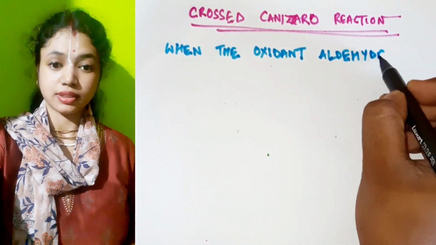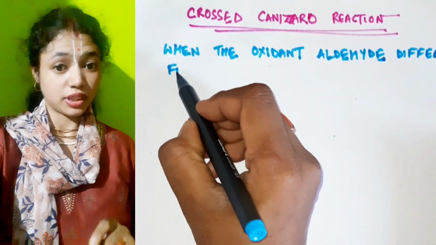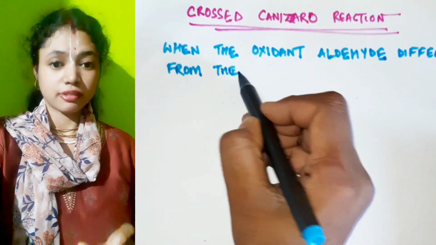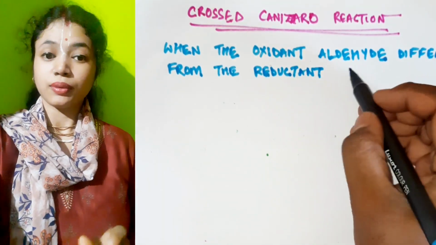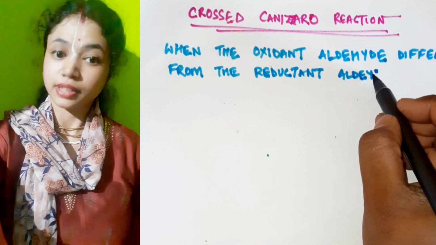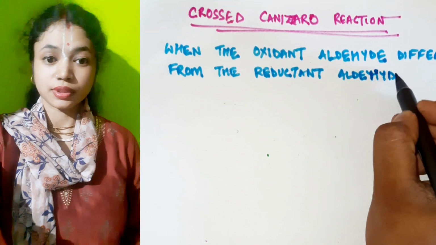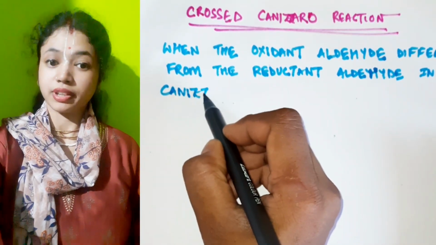So when the oxidant aldehyde, see here, crossed Cannizzaro reaction means there is an aldehyde molecule which has been acted on in the presence of sodium hydroxide, and one molecule undergoes oxidation and the other molecule goes for reduction. So in that we discussed in detail what the Cannizzaro reaction is.